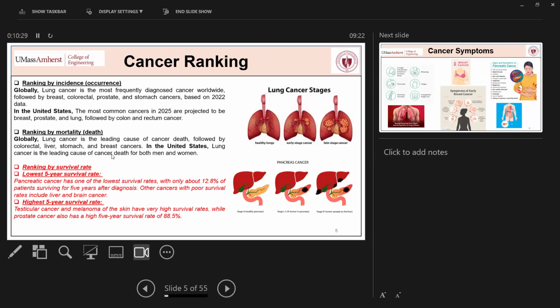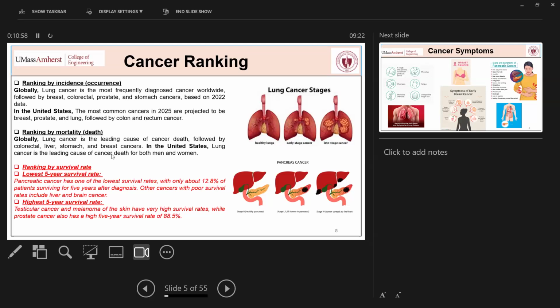In the United States, the most common cancers are projected to be breast, prostate, and lung, followed by colon and rectum. The second ranking is based on death. Globally, lung cancer again is the leading cause of cancer death, followed by colorectal, liver, stomach, and breast cancers. In the US, lung cancer is the leading cause of cancer death for both men and women.